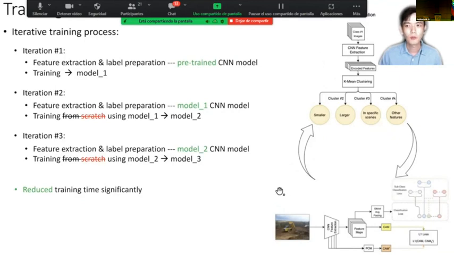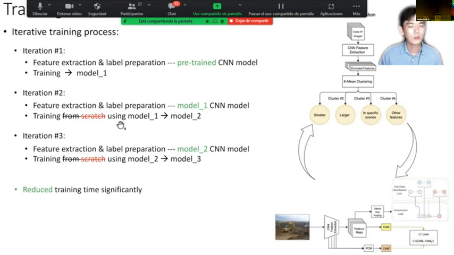Afterward, we get model number 1. For iteration number 2, we use model number 1 as the feature extractor to acquire the subcluster labels, and use the newly generated subcluster labels to retrain the model again. However, in the original SCCAM implementation, they start the training over from scratch.